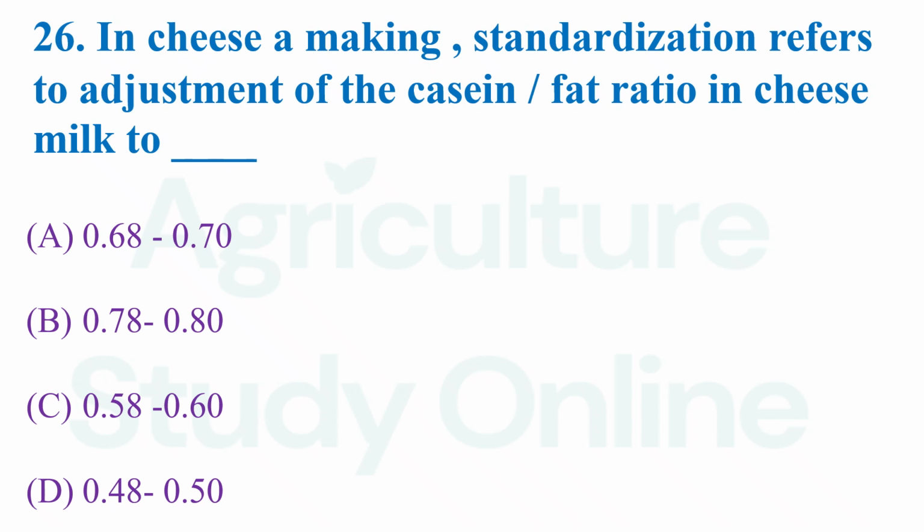The optimal ratio ranges from 0.68 to 0.70. This ensures good curd formation, balanced fat retention, and a high quality cheese structure.